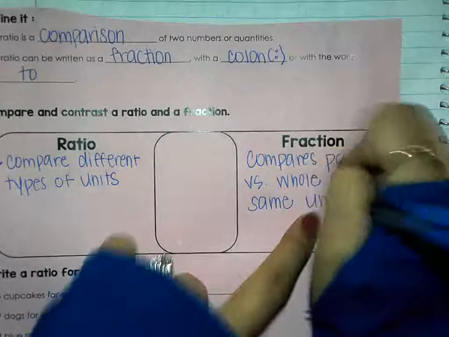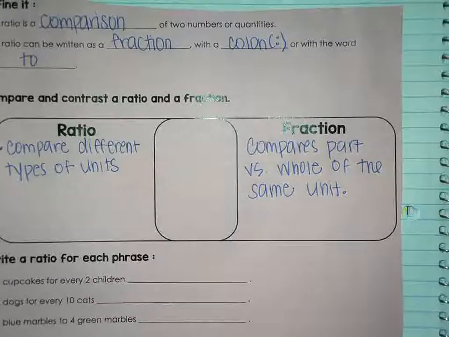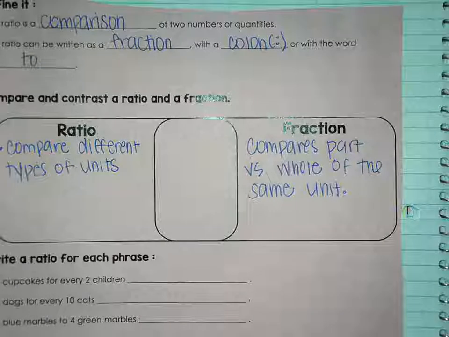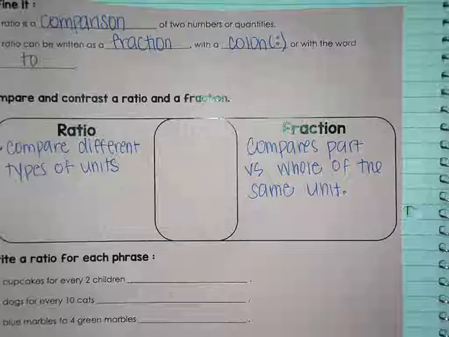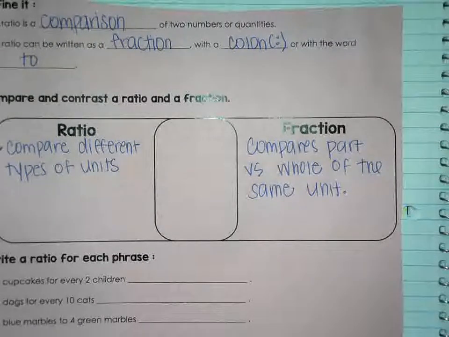Meaning you're talking about the exact same thing. I'm talking about your tests, your quizzes. The number you get on top is the same as the number you get on bottom. Those two things are the same unit. So you got a 12 out of 15, that's the same unit. So anytime that they don't essentially have a label with it.